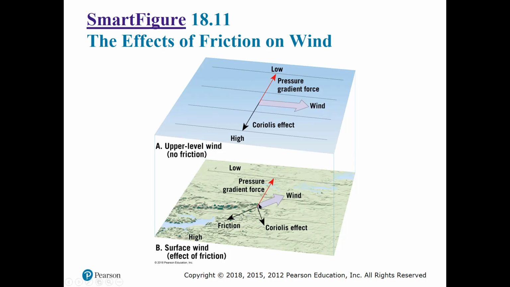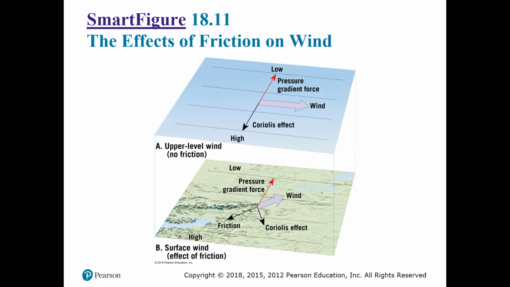But what happens is that friction and the Coriolis effect have opposite effects here. And so the wind is not going to go at a right angle anymore like it did up here in the upper levels. It's going to deflect toward the pressure gradient force.